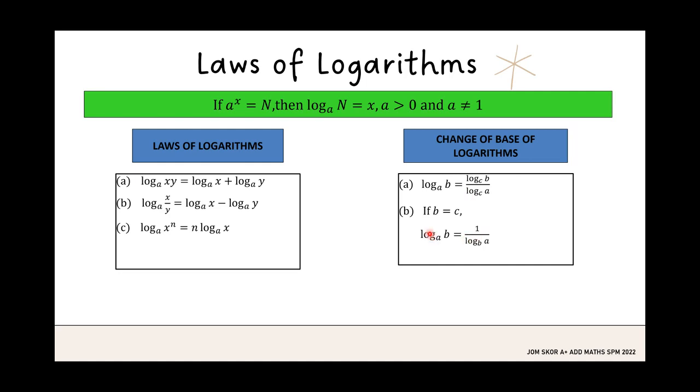In case bila b is equal to c, kita akan dapat log b base a is equal to 1 over log a base b. Okay, ini adalah laws of logarithm, the basic law yang kita akan gunakan dalam most of the questions. Okay, tengok pada soalan.